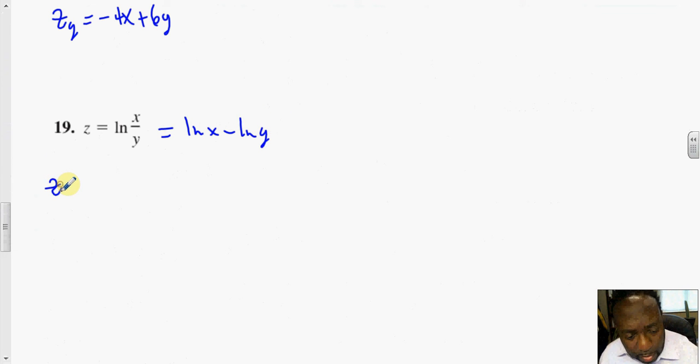So find the partial of z with respect to x. We look at the derivative of the natural log of x, which is 1 over x, times the derivative of x, which is just 1. You just get 1 over x. Y is treated as a constant, so the derivative of a constant is 0. The partial of z with respect to y, in the same fashion, x is a constant, so it's 0, and this is minus the derivative of the natural log of y, which is 1 over y.